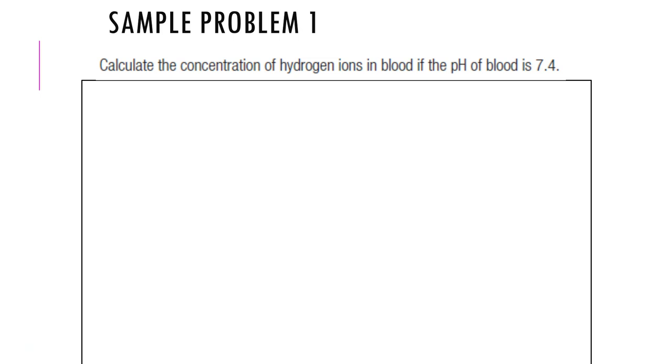Let's have a look at this sample problem here. What it's asking us to do is calculate the concentration of hydrogen ions, so hydronium, in blood if the pH is 7.4. So we know that our pH is equal to 7.4.